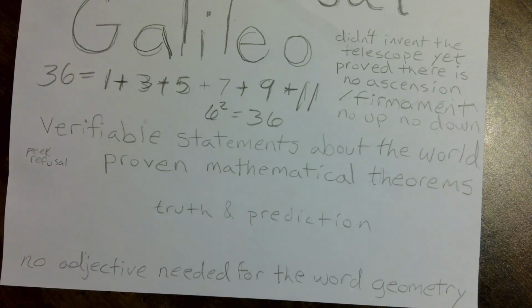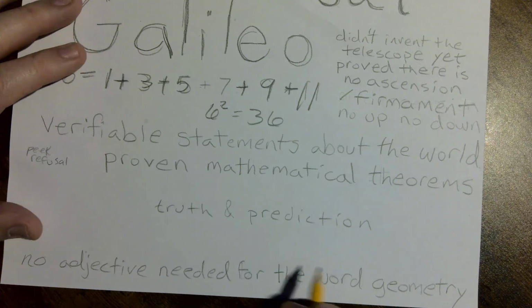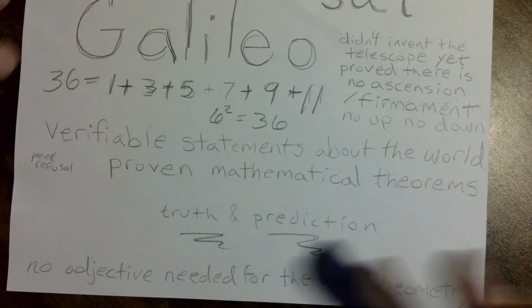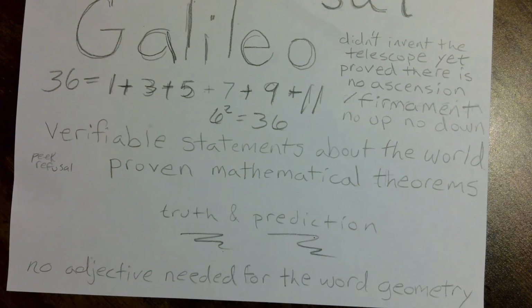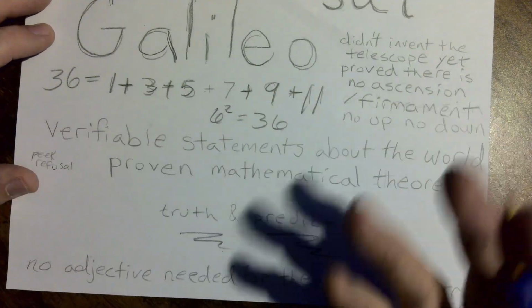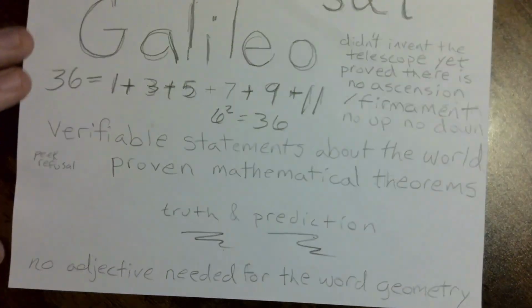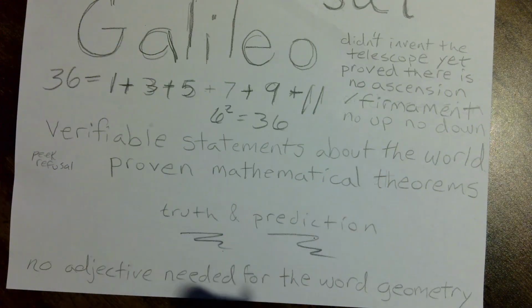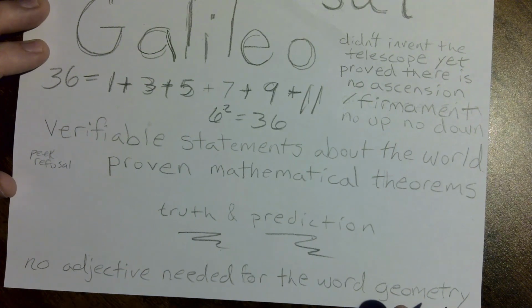But maybe this was a really big point in history where truth and prediction, I think, were coming to be expected of mathematical symbols, theorems, theories in science, connecting with theorems in mathematics.